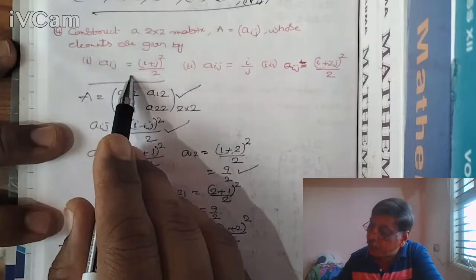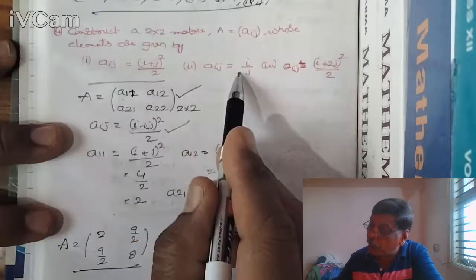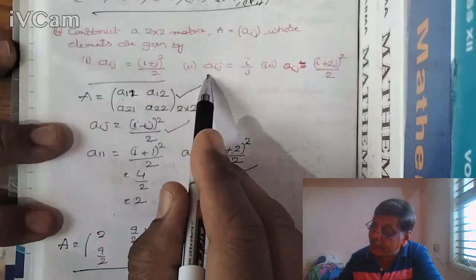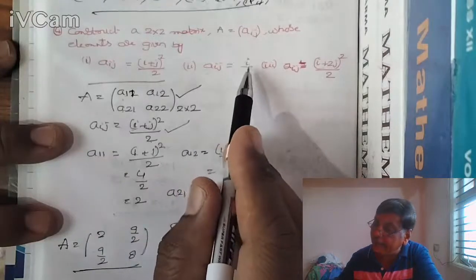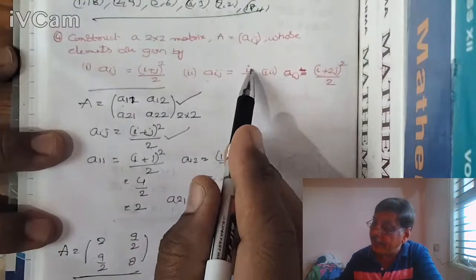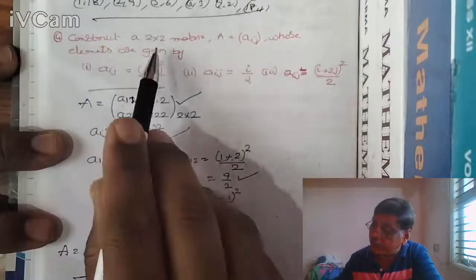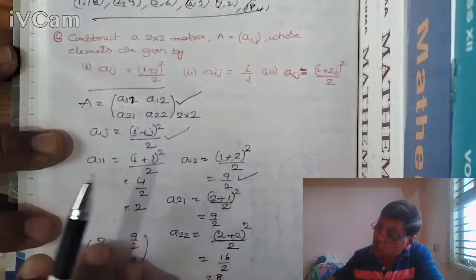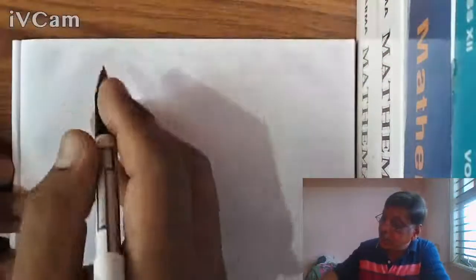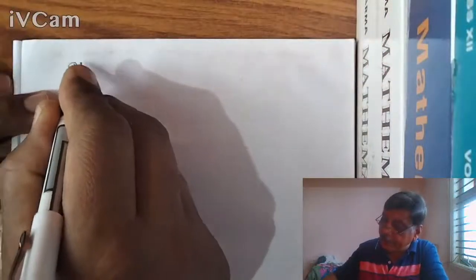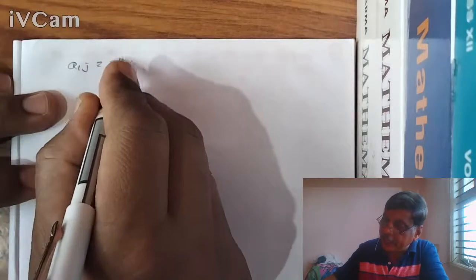Next we move on to sub-question 2. Here the general element is defined as i by j, that is, i upon j. Again we need a 2 cross 2 matrix. So the general element Aij is given as i upon j.